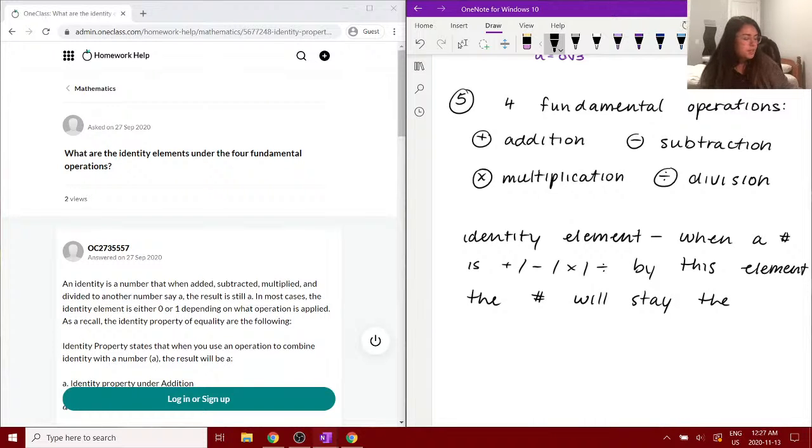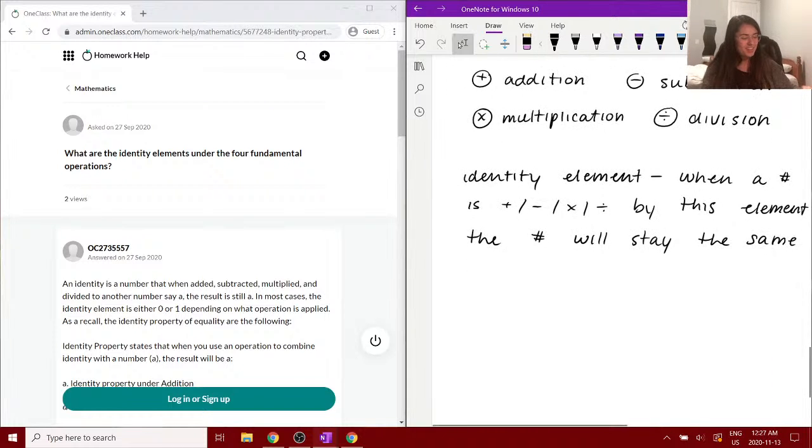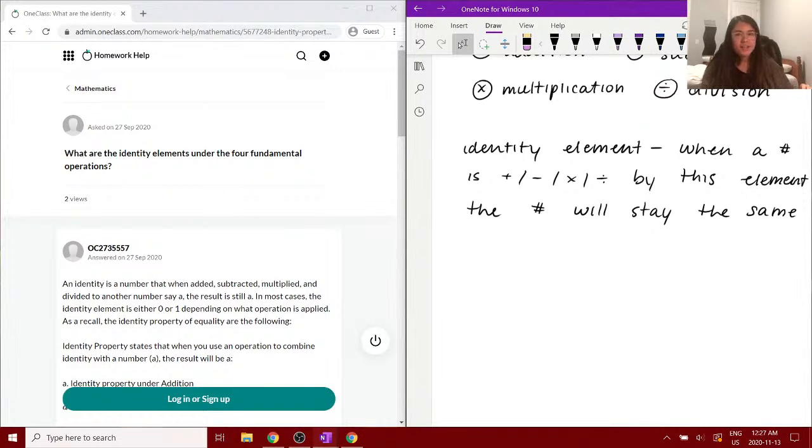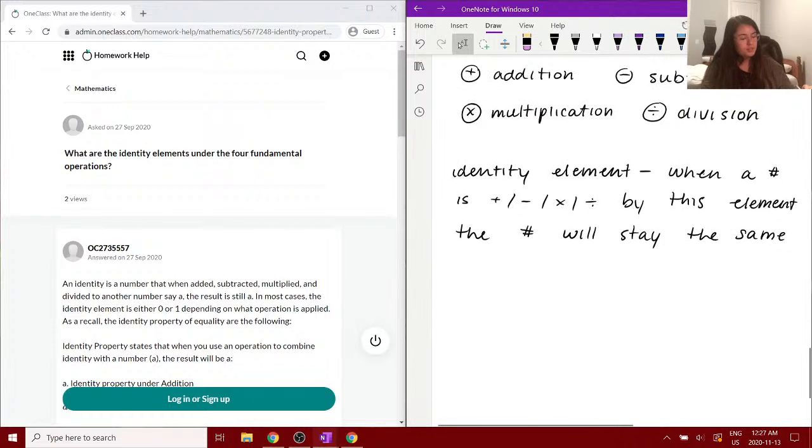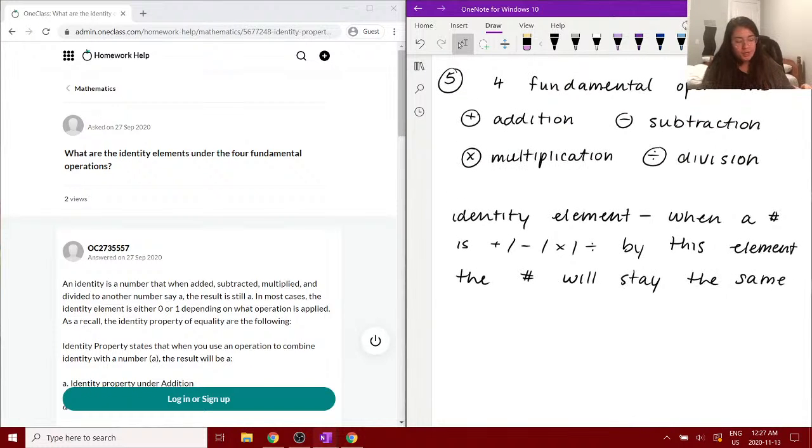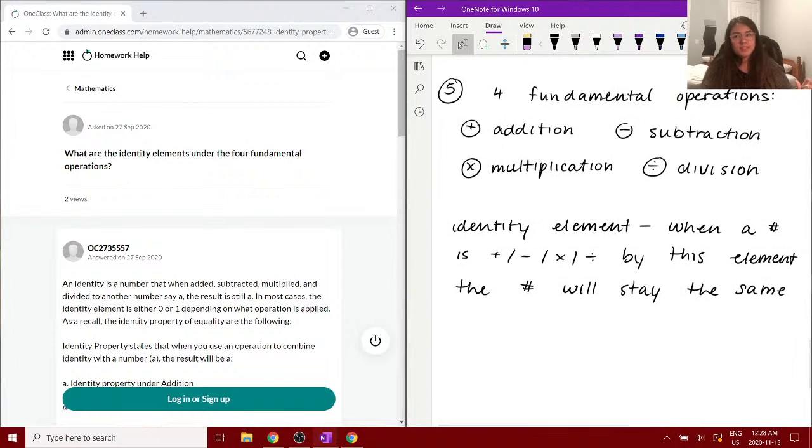So basically, the identity element will not change the number it's being applied to. It's a better way to say it, I think. Okay, let's look at the examples. I'm going to go through each of the fundamental operations and talk about what is the identity element for each. Typically you'll see that it's either 0 or 1.